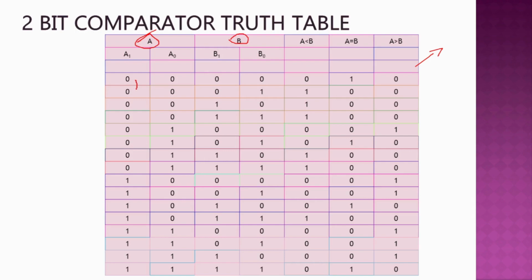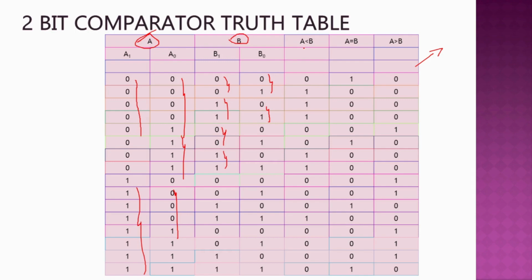It has 4 input values, so you first fill the first input column with 8 0s and 8 1s, the next column with 4 0s and 4 1s, the third column with 2 0s and 2 1s, and the final column, that is B0, with 0 1 0 1.